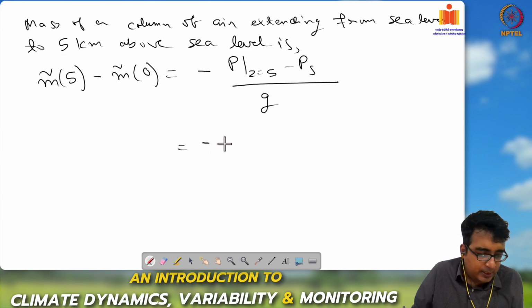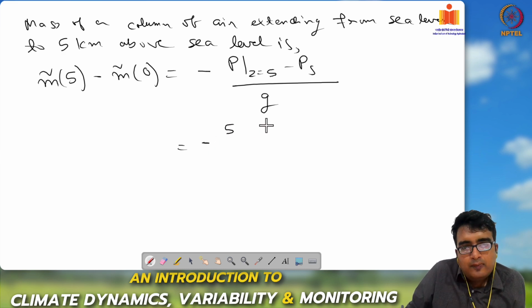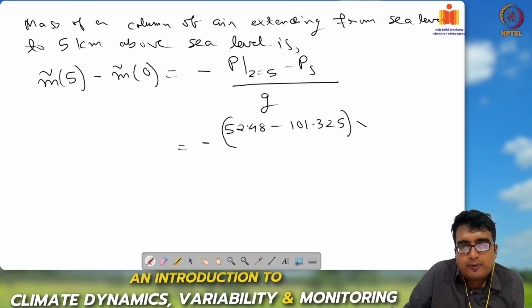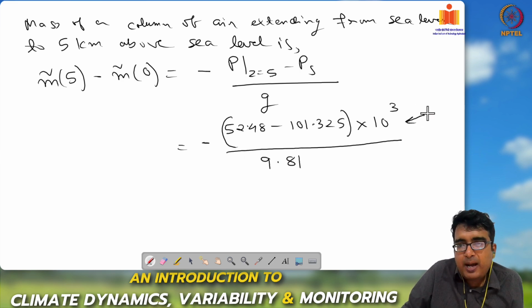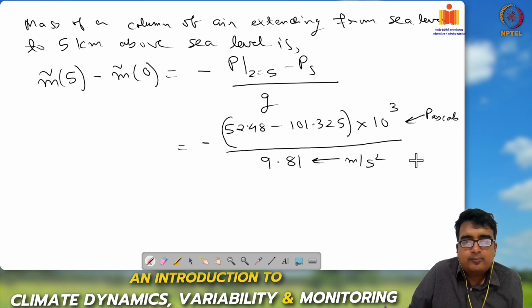This is minus 52.48 minus 101.325. We will use the units of pascals because that is what we want. So be careful to use the correct units. Okay. So this unit is in pascals and this unit is meter per second square. All right.